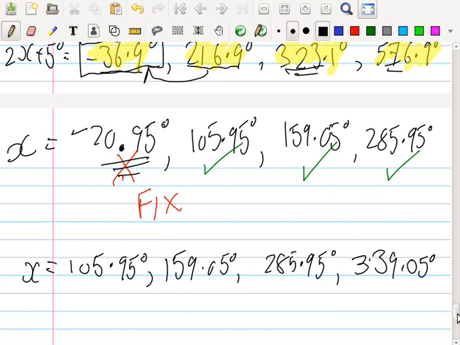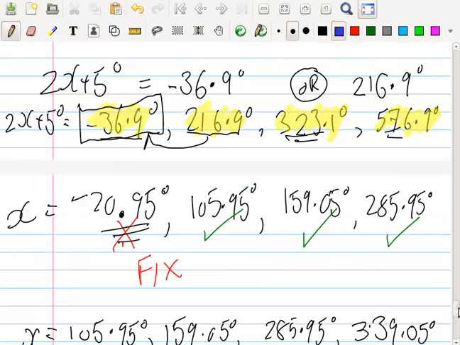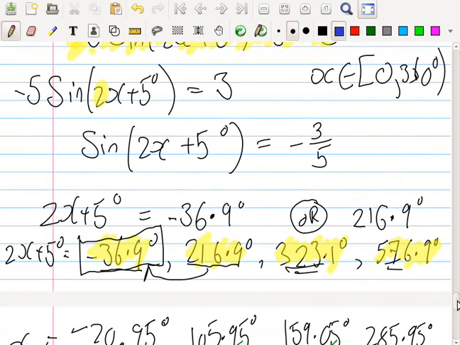So, let me label the steps for you. Don't worry, I'll scroll back down. So the first step is to get it to this situation where you can calculate the inverse. I'll call this step the I step, getting it to an inverse. The second thing to do is make those extra answers.